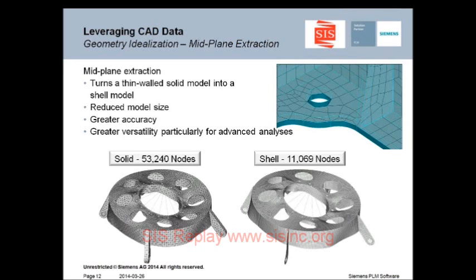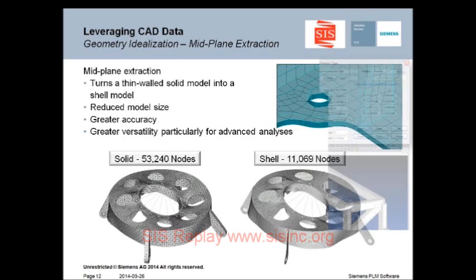And you can see a model comparison here, a fairly basic kind of model actually. The solid model is 53,000 nodes and the shell reduces down to 11,000, so a much faster model to run, particularly when you get into some more advanced types of analysis.